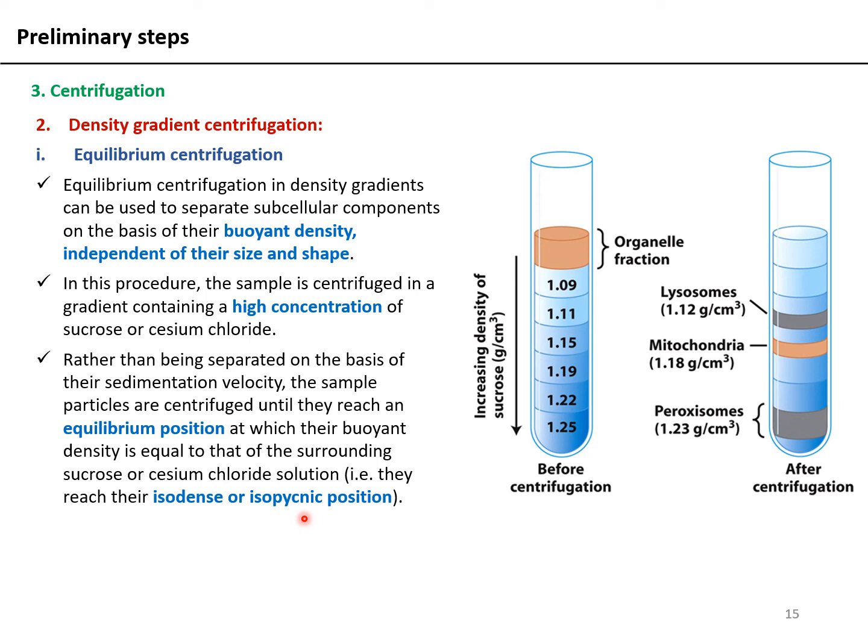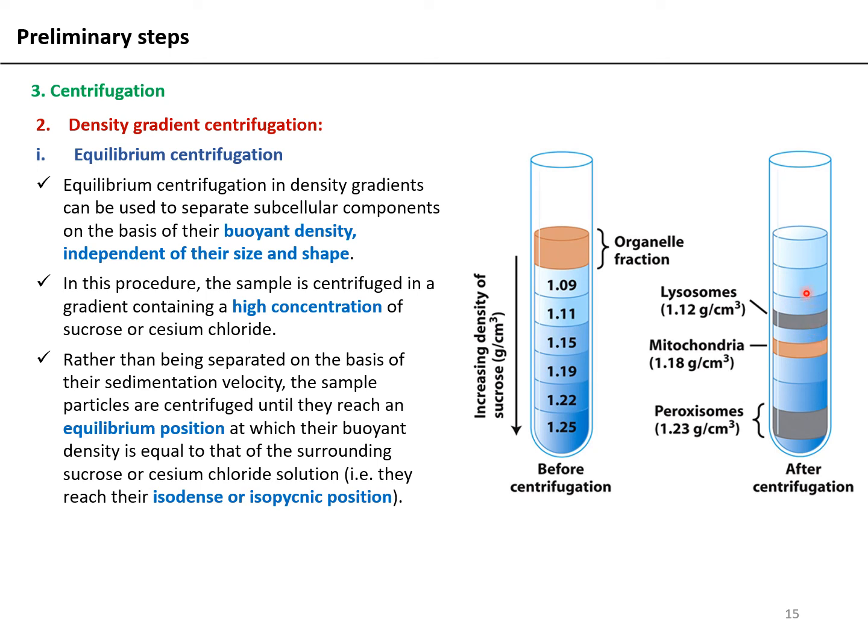So basically, before centrifugation you have the different layers which have different densities. You have your density gradient and you have the sample that you're layering on top. And after centrifugation, you have these different cellular organelles, that is the lysosomes, the mitochondria and peroxisomes, all separated out. Now all three of these have the same size, but because they differ in their densities, they are separated out by equilibrium centrifugation, whereby at this point the lysosome is at an isodense situation.